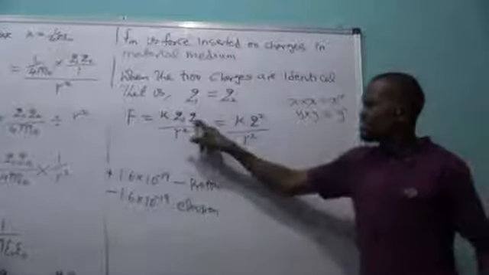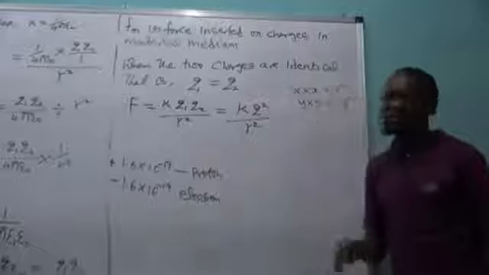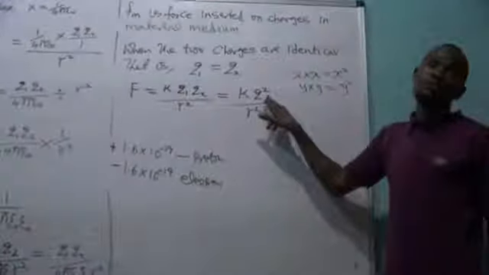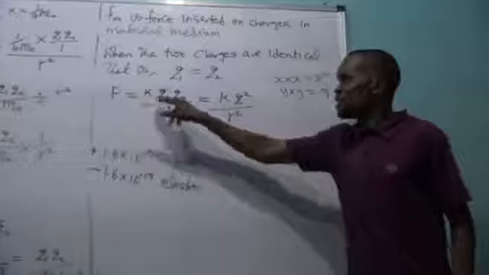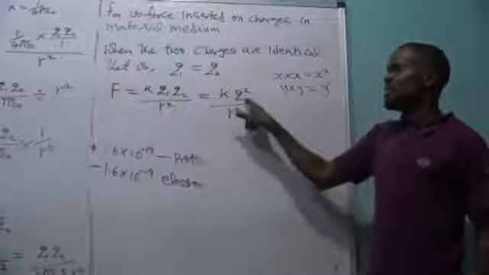This man and this man are the same. Therefore, when you multiply them together, you simply mean taking one to square. So when they are identical, this formula you can write in a simpler form. We can now write it to be this.